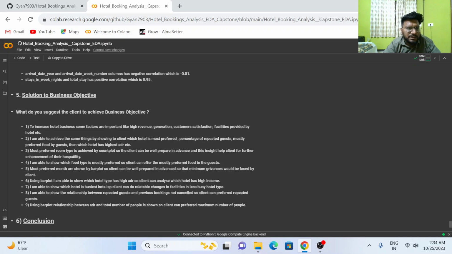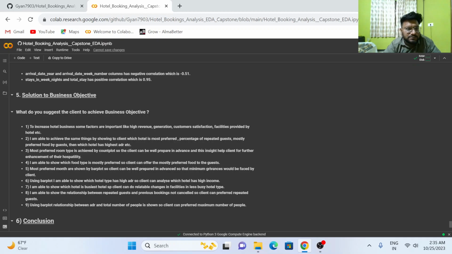Next, the most preferred month was shown in the bar plot, so that the client will be well prepared in advance and face minimum grievances during the peak time of bookings.